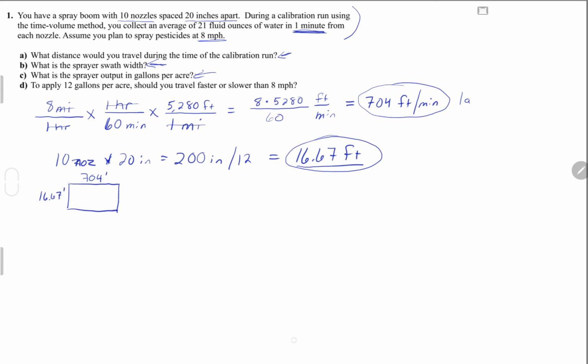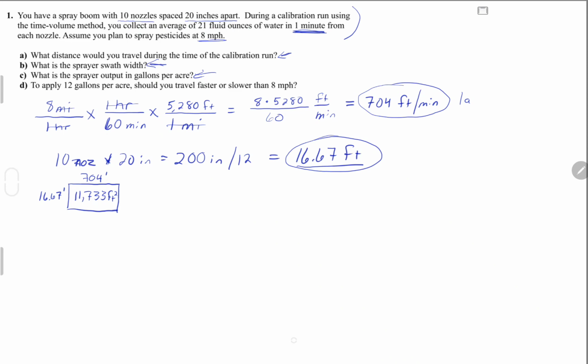If we know the length and the width of the area, that means we can calculate the area. If you take 704 times 16.666667, that gives us an area of 11,733 square feet. So that is the area that we're actually looking for.